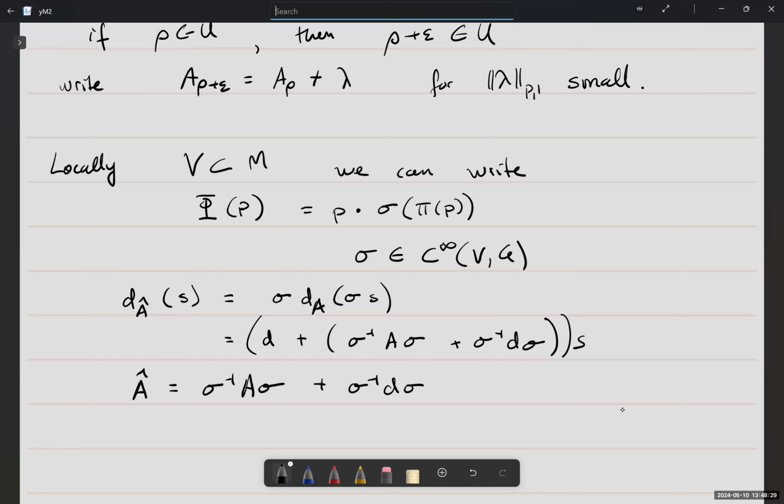So d sigma of X is a tangent vector to the group at sigma.